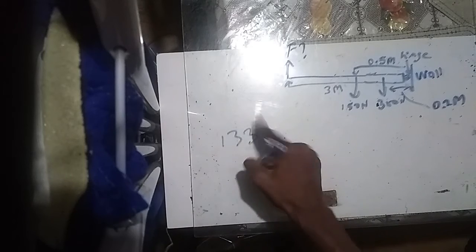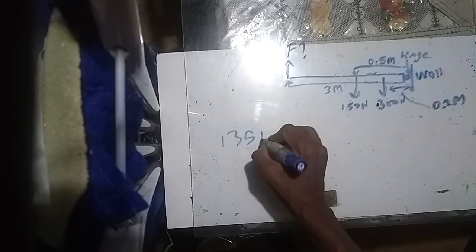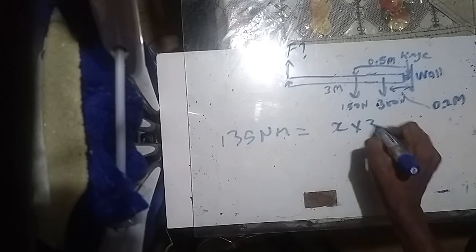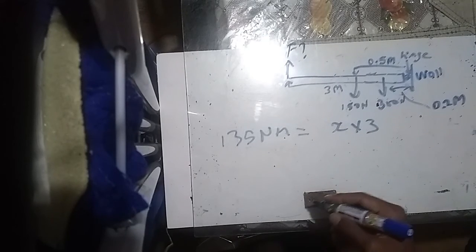You can rewind if you want, right? So bringing all of that up here now, so 135 Newton meter is equal to x times 3, x Newton times 3, right?